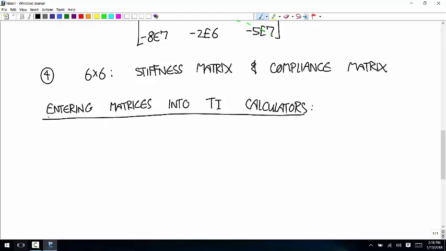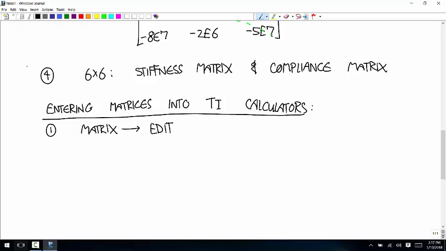there are three ways that I know of to enter values. The way that you have to use, I think on the TI 83 and the TI 86 maybe, is you hit the matrix button, and then there's a heading that says edit.